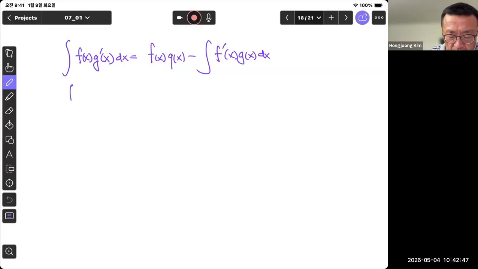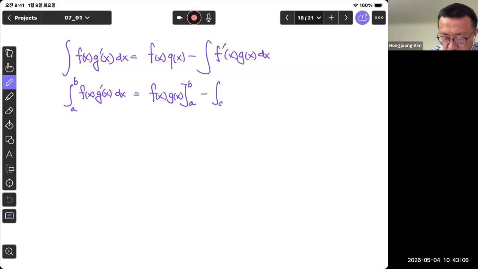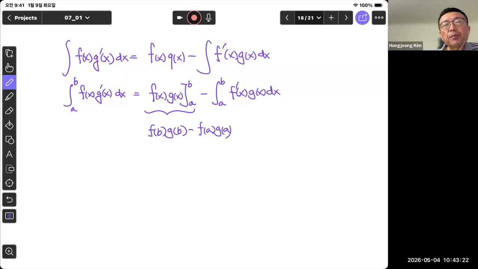For the definite integral, if you have some integral domain, then the formula becomes slightly changed to this, where this is f(b) g(b) minus f(a) g(a). Okay, so this is the integration by parts.